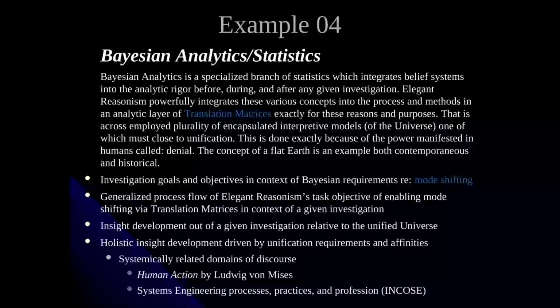And a guy named Ludwig von Mises wrote a fantastic treatise called Human Action, and it is a treatise on economics. And he goes through the descriptions of the physical, tangible, human actions that impact economics.